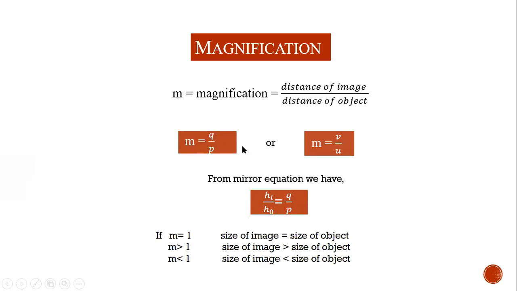Magnification is the ratio of two similar quantities, so it has no units, and it simply shows how many times the object's image size is increased or decreased compared to the object. For instance, if the magnification is 2, it means the height of the image is twice the height of the object.